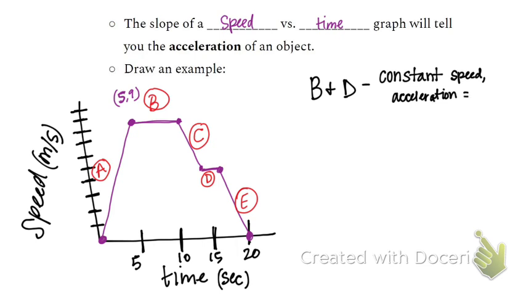You're not speeding up, so your acceleration is 0, but you are still moving, just at a constant speed. This time, what do your downward sections mean? This time you are slowing down. Your speed got less.